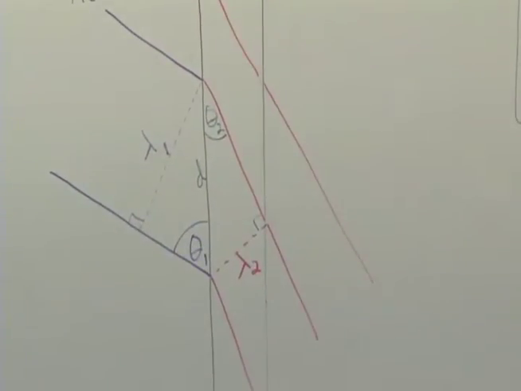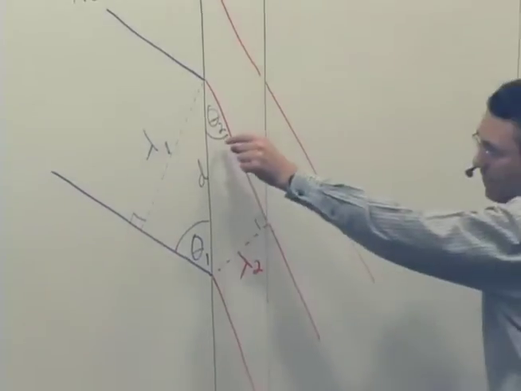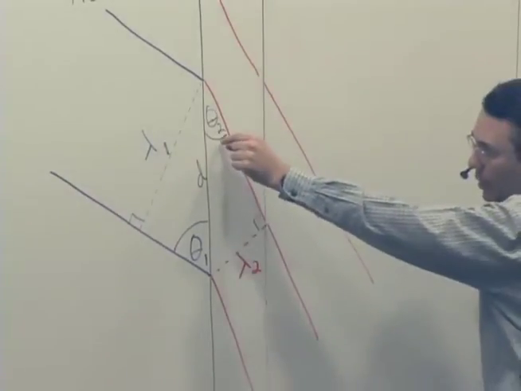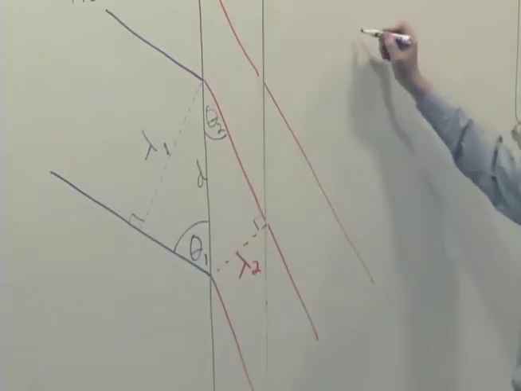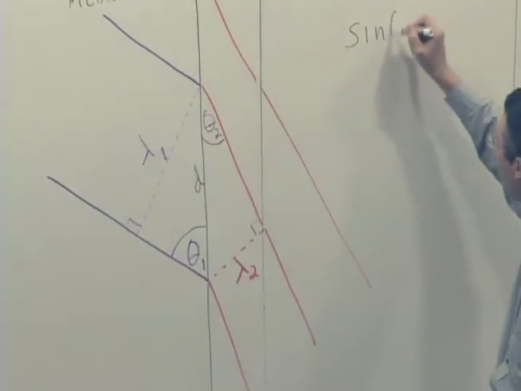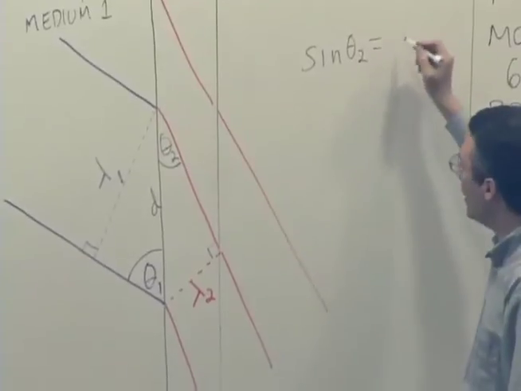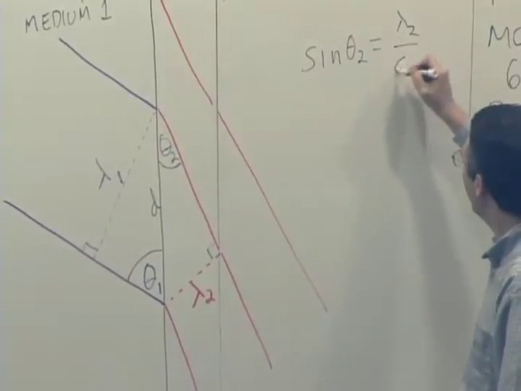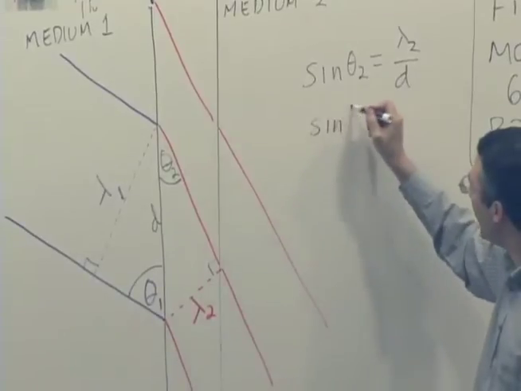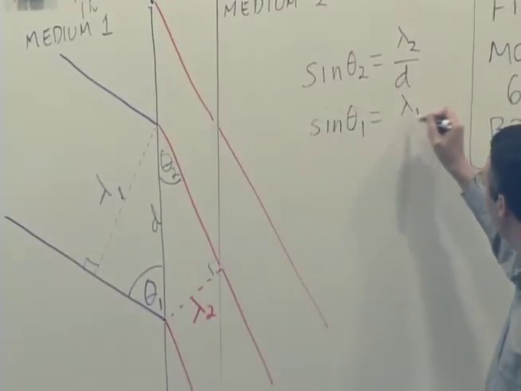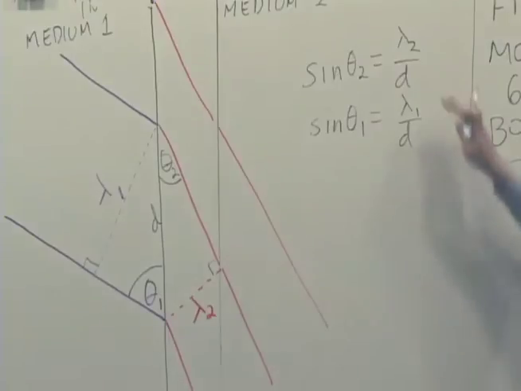We do a little trigonometry. Look at this right triangle. The opposite side over the hypotenuse gives me the sine of the angle. So I can say that sine of theta 2 is lambda 2 over D. But sine of theta 1 is the same thing: sine of theta 1 is lambda 1 over D, and D is the same.